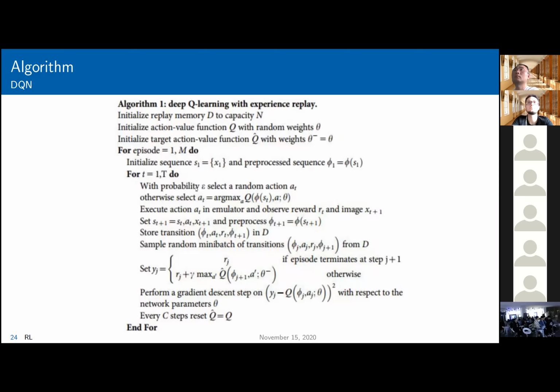And Q theta i represents the output of the current network, the main net, which is used to evaluate the value function of the current state action pair. And Q theta i minus represents the output of the target net.